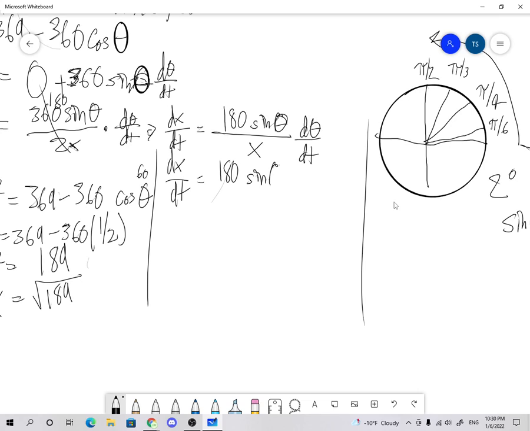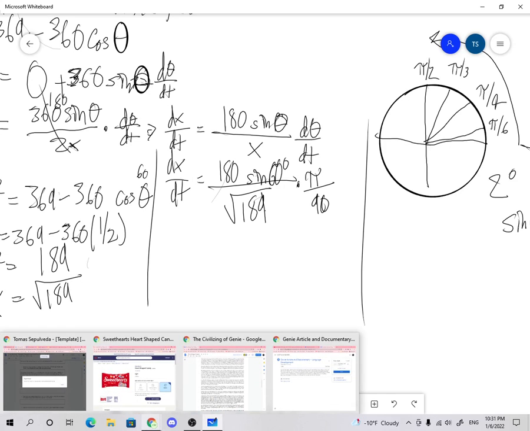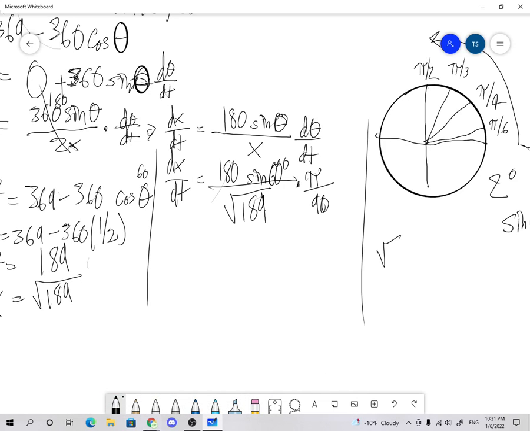We're finally going to plug in those 60 degrees over square root of 189 times pi over 90. Alright, so what's sine of 60? In fact, it's the square root of 3 over 2. That's what sine 60 is equal to in exact value.